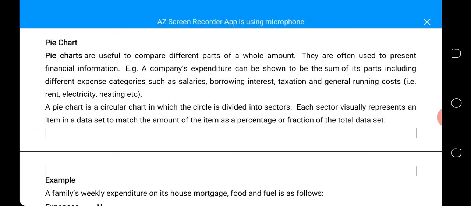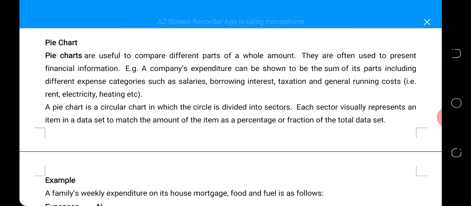They are often used to represent financial information, e.g., a company's expenditure can be shown to be the sum of its parts, including different expense categories such as salaries, borrowing interest, taxation, and general running costs. That is, rent, electricity, feeding, etc.